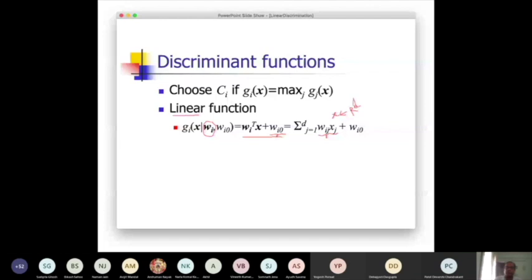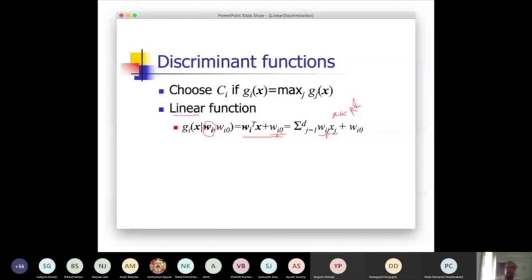That is how a feature vector is represented here, and x_j is the corresponding value at the jth dimensional attribute, and w_ij is the corresponding linear coefficient. I hope this is clear to you that for a linear function, this many coefficients or parameters are required to define a particular linear function. Okay, so let us proceed.